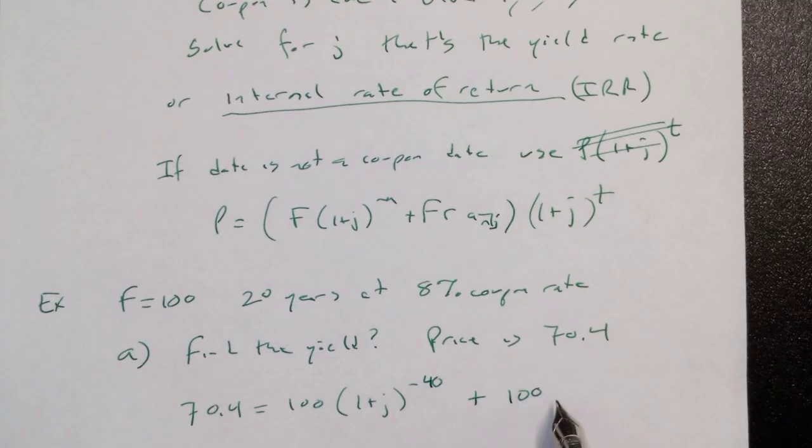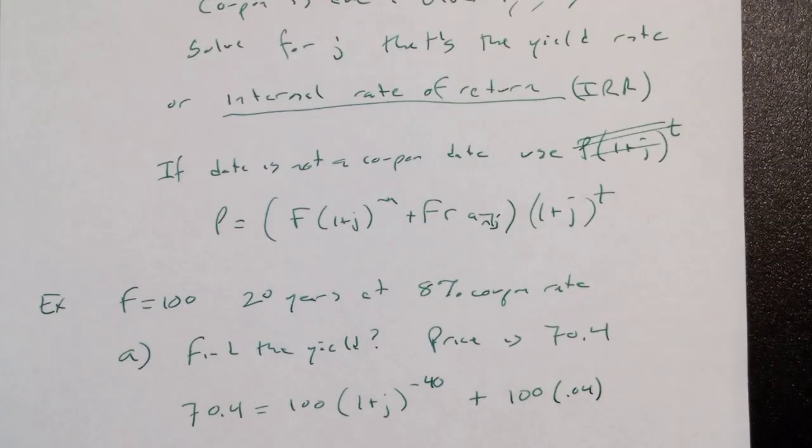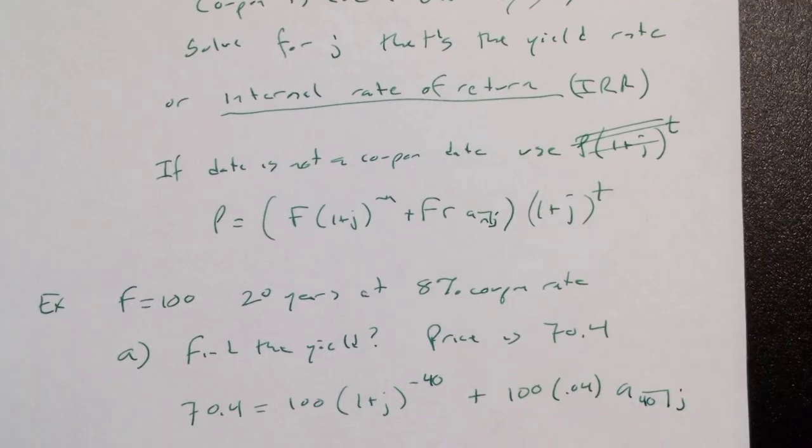Plus 100 times 0.04. Again, an 8% coupon means a 4% per period. Rates are given per year as opposed to per coupon. Times a 40 j.